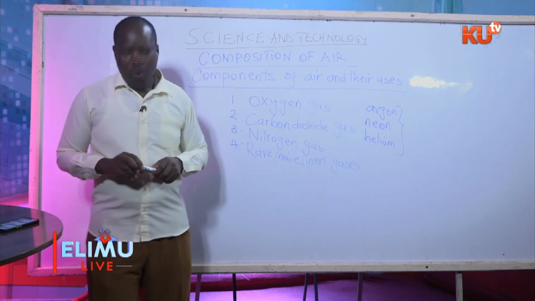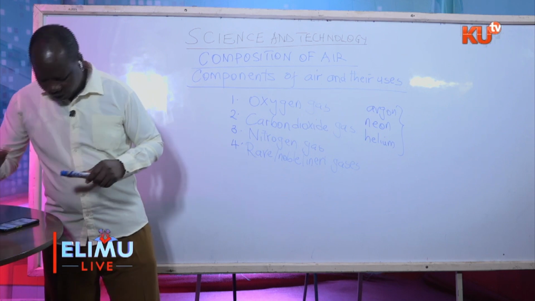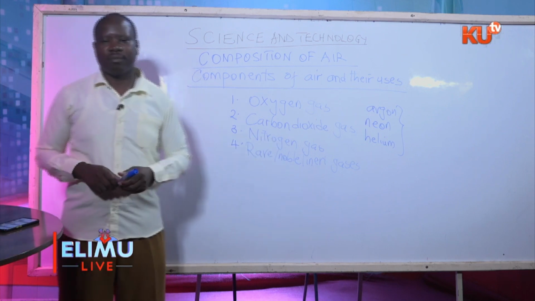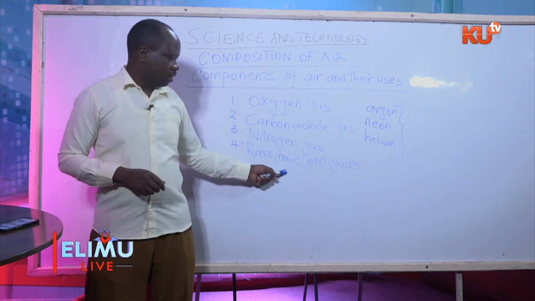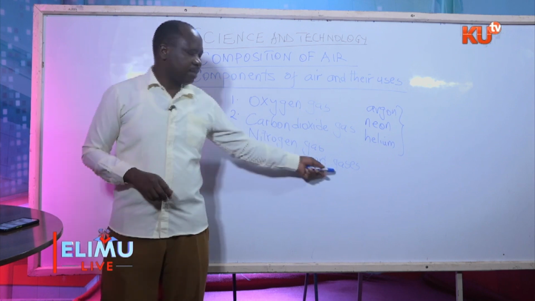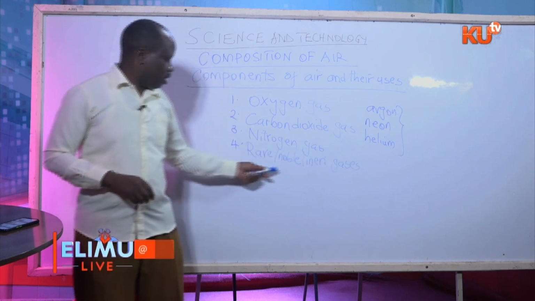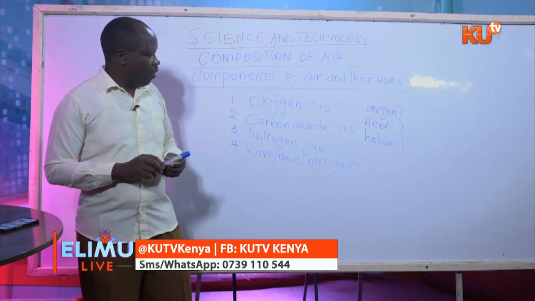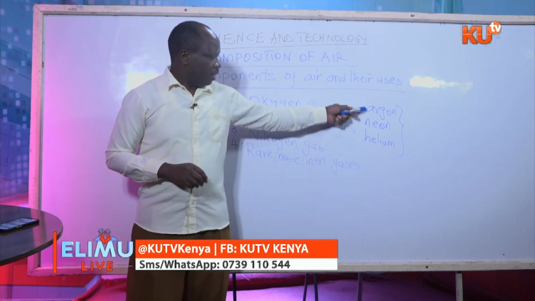After that, we move to the fourth type of gas, which is called rare gases, noble gases, or inert gases. And I say they are called gases because they are three. At our level, we have these three examples.